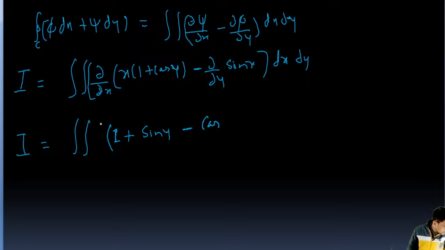So the vector field is given, and evaluate the line integral of this where c is the path given. Sine y, cos y, this is cos y, and this is sine y.